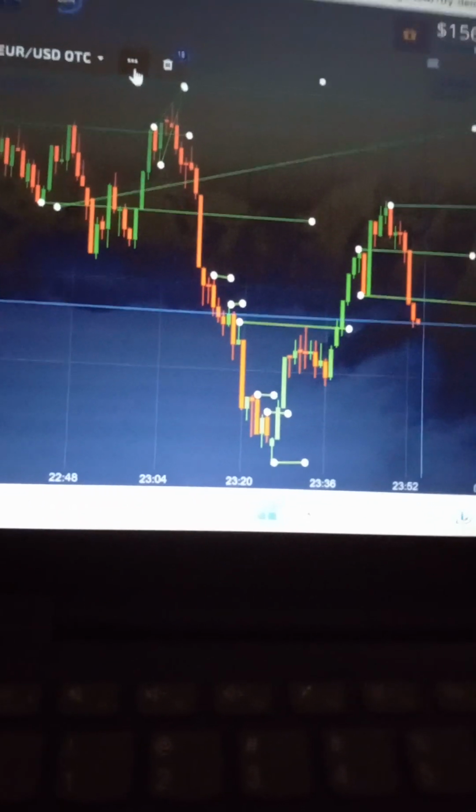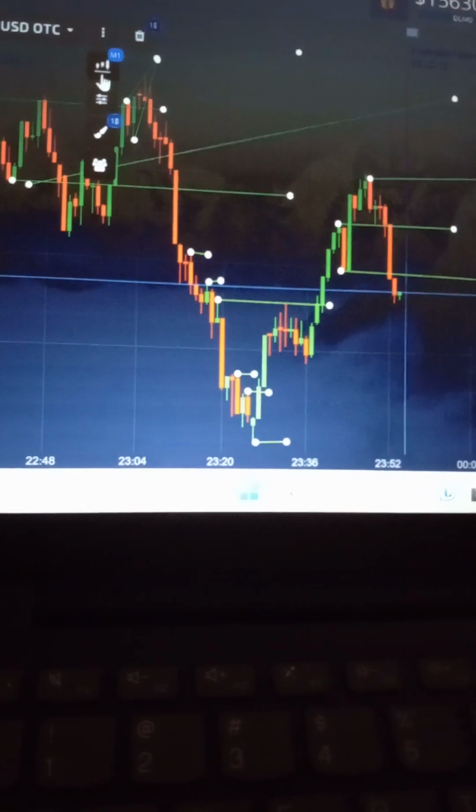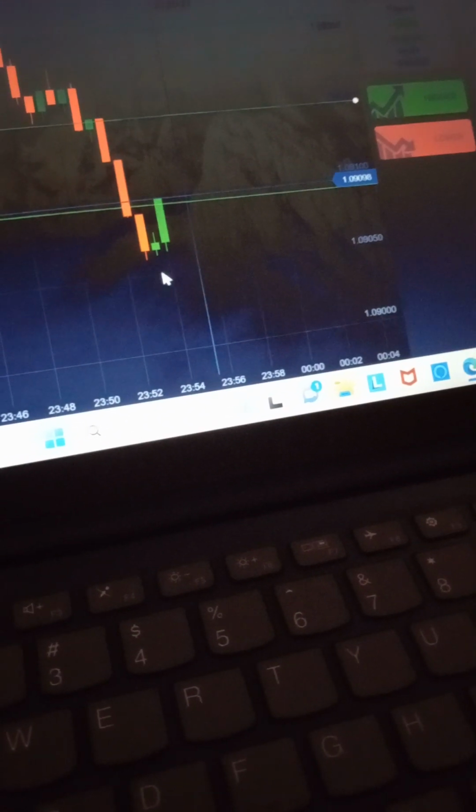I'm on the 1 minute time frame. That M1 stands for 1 minute. I'm gonna drop down to the S30, 30-second time frame to find out whether this is a true reversal pattern or not.